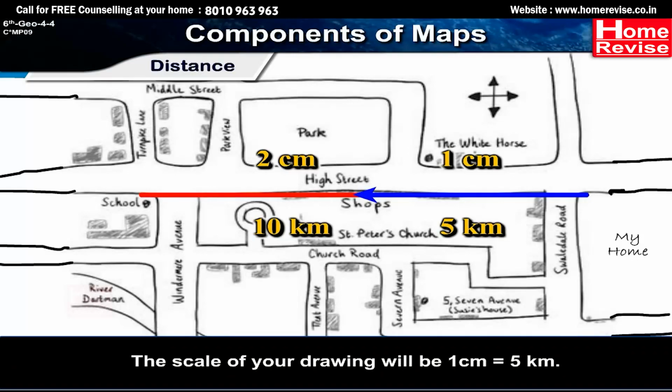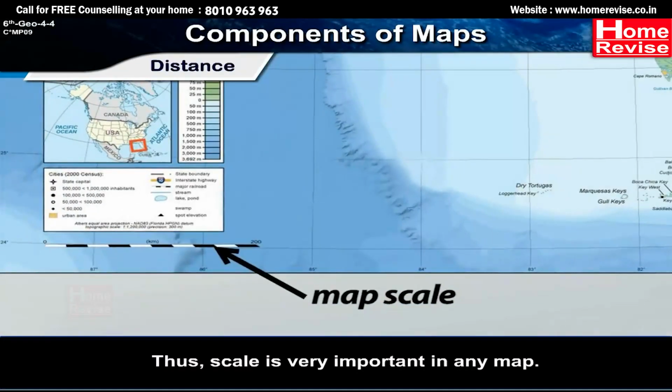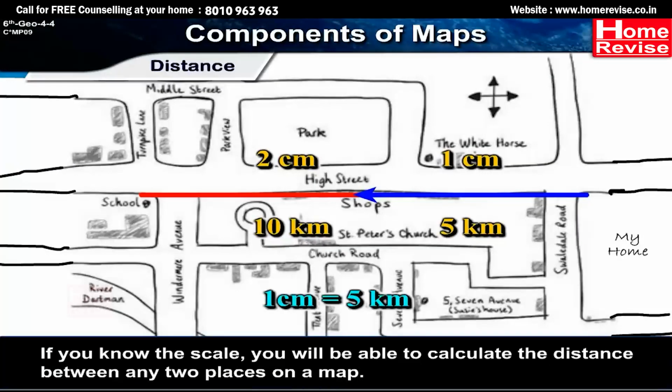The scale of your drawing will be 1 centimeter is equal to 5 kilometers. Thus, scale is very important in any map. If you know the scale, you will be able to calculate the distance between any two places on a map.